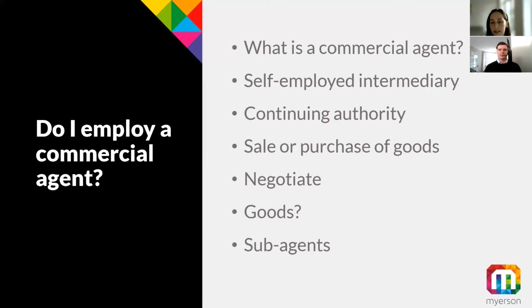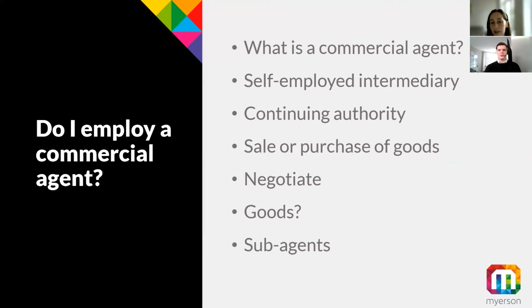What is required is that the agent goes out and develops goodwill for the principal by approaching customers and marketing the principal's products. And finally, for the regulations to apply, the agent's sales activities must take place in Great Britain. If they are operating outside of Great Britain, then the regulations are unlikely to apply, unless, that is, that the parties have agreed that the regulations will govern the agency relationship.